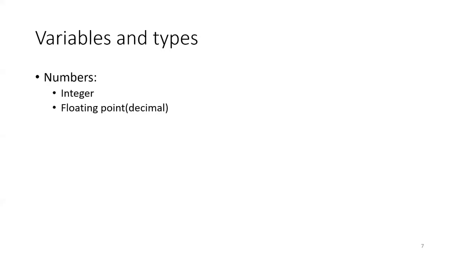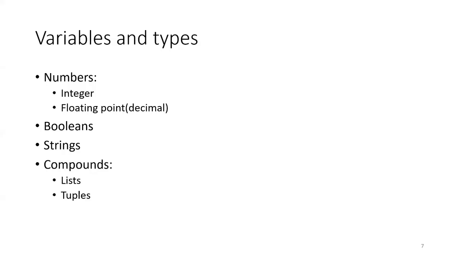We can, of course, have numbers in Python, and there are mainly two types of numbers: integer numbers and floating point or decimal numbers. And we can also have booleans, which we have discussed before. They get true or false values. And we can have strings. We will see in the coming slides how they are formed.